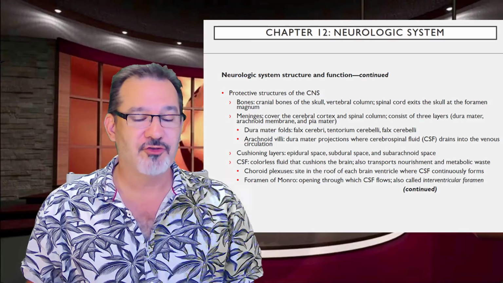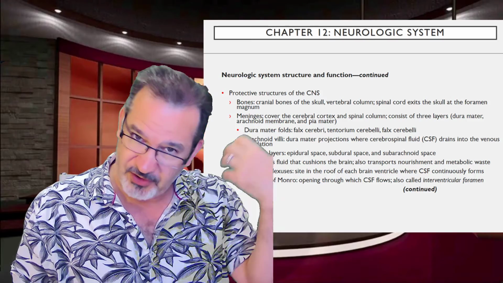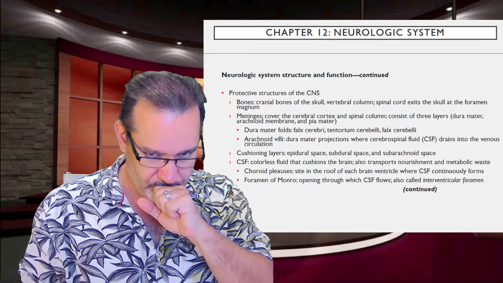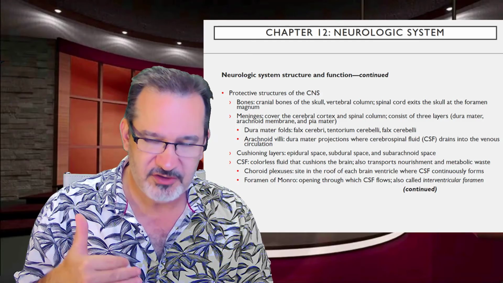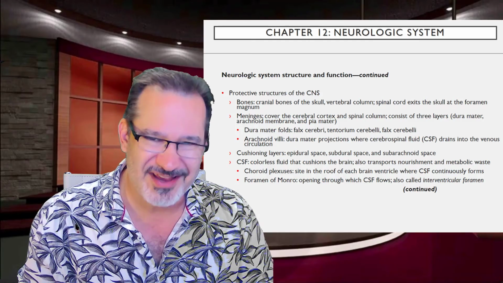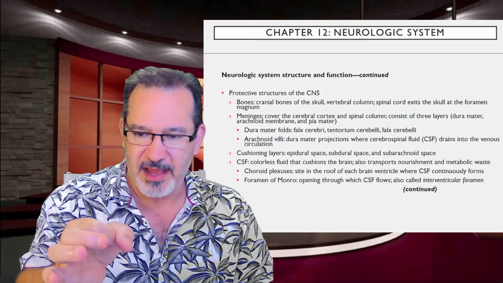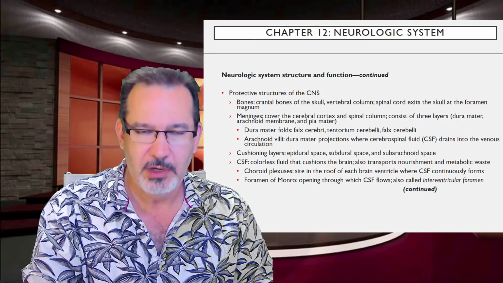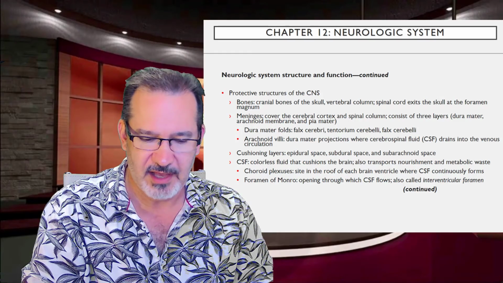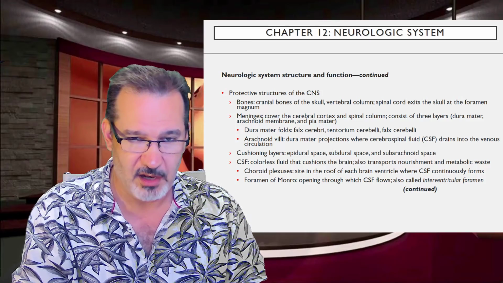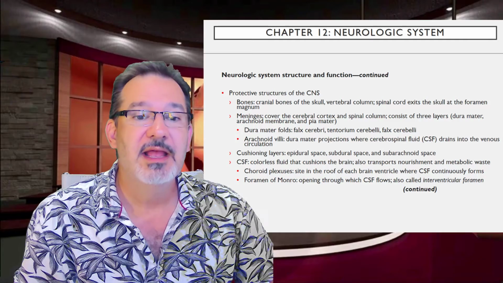Protective structures of the central nervous system: bones, things like your skull and your spinal column, your vertebrae, are all designed to protect the foramen magnum, where the spinal column runs through, and the spinal column from injury.